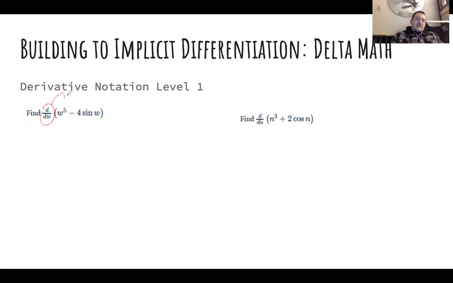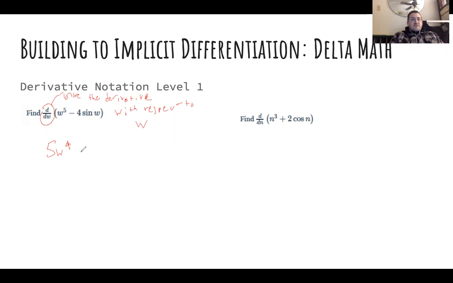So this just means take the derivative with respect to w. In this case, we know that w is like our dependent variable here. So I have 5w to the 4th.